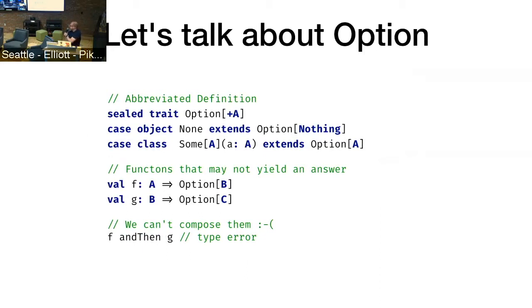So really, what it does is it lets you compose this partiality, so that if we could say F and then G, what we would get is a function that only returns a value if both F and G return values. But we can't do that because andThen won't type check. Some of you might know how to do this, but we're going to keep going.